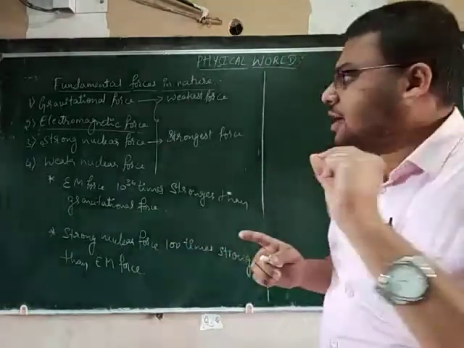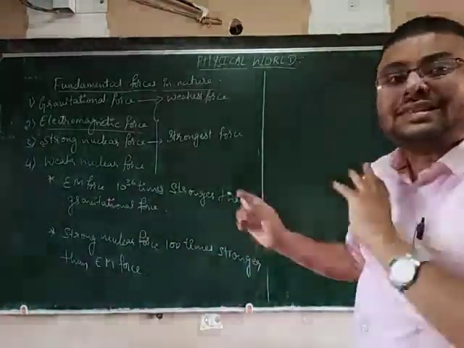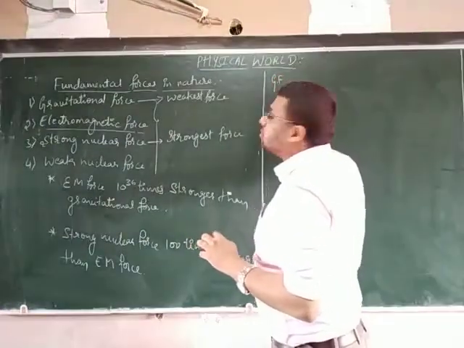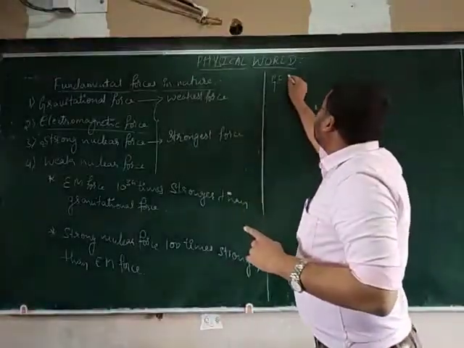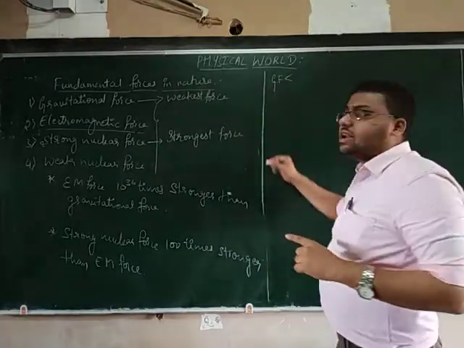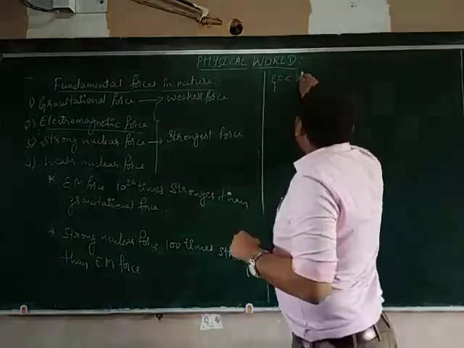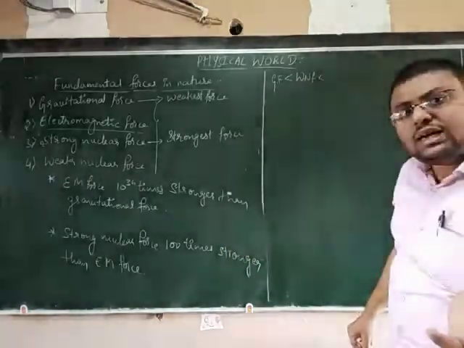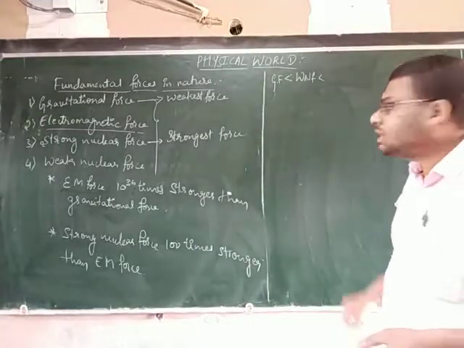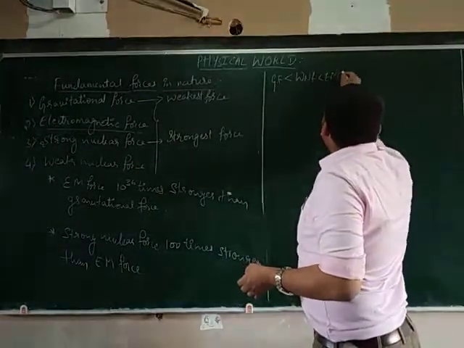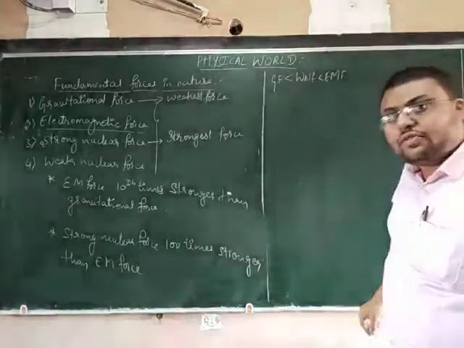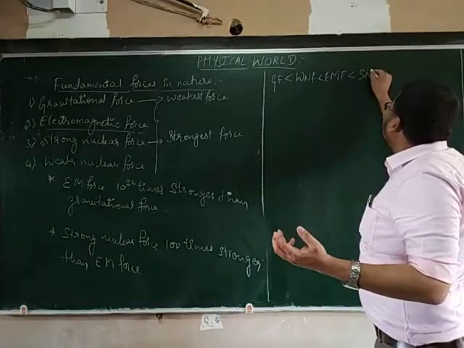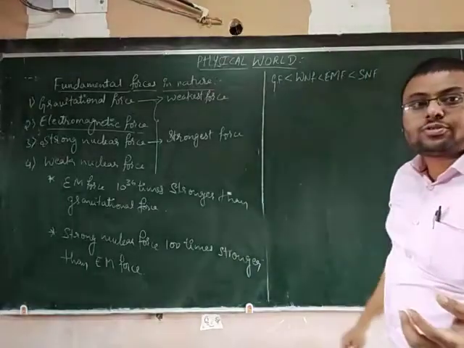Then we'll write the ascending order of these forces. The weakest force is gravitational force. A little bit stronger compared to gravitational force is weak nuclear force. A little bit stronger than weak nuclear force is electromagnetic force, and the very strong force compared to all of these is strong nuclear force.